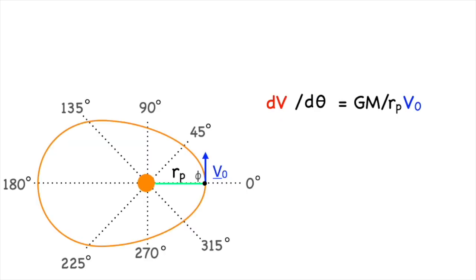Let's consider the significance of this equation with regard to the planet in some arbitrary orbit. First of all, note that the quantity GM divided by r sub p times v naught is a constant for any particular orbit.